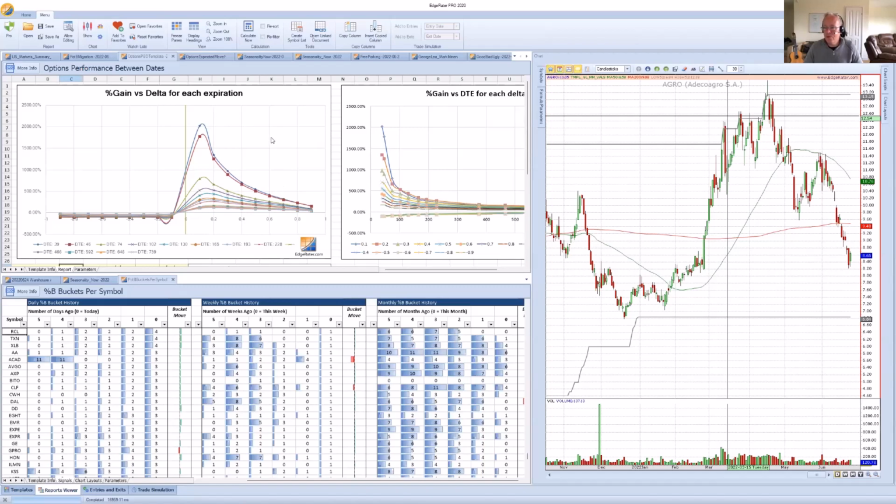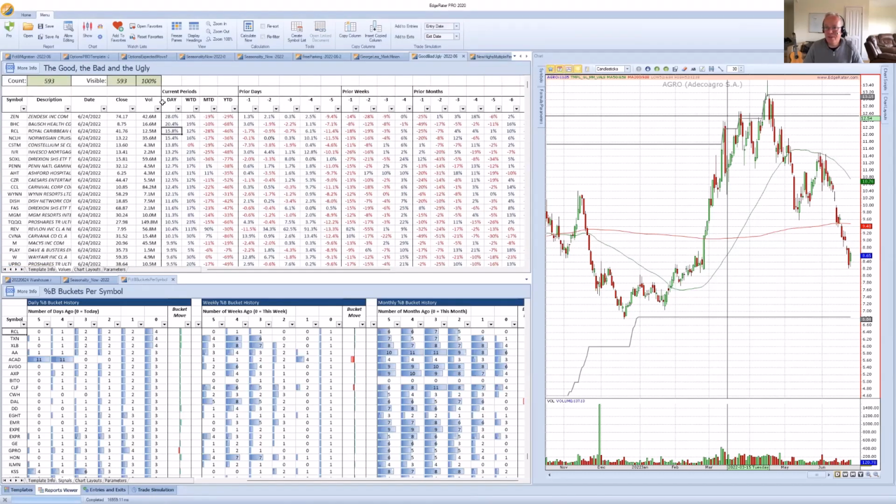So I want to use that to look at last week and see what options did for certain stocks. This is a classic template that I tend to run every day, because it really shows what's been happening for the day, the week, month, year, and all the way back in history.